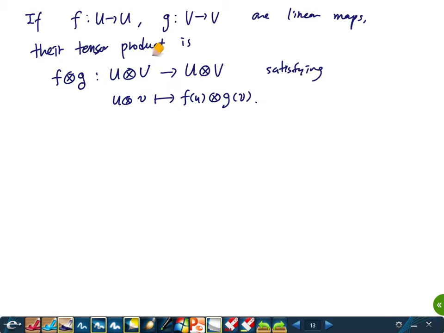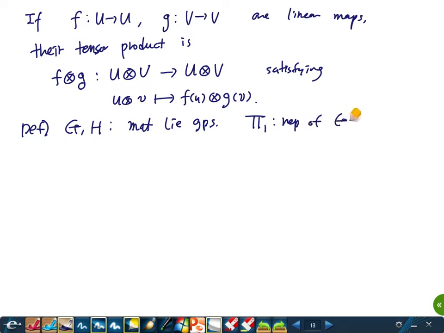So now it's time to define the tensor product of representations. So how can we define that? Let G and H be matrix Lie groups, and let pi_1 be a representation of G on U, and pi_2 a representation of H acting on V. Now, what is the tensor product of these?